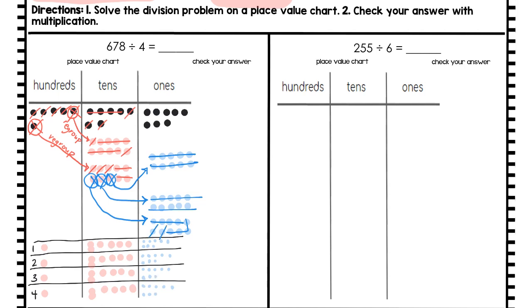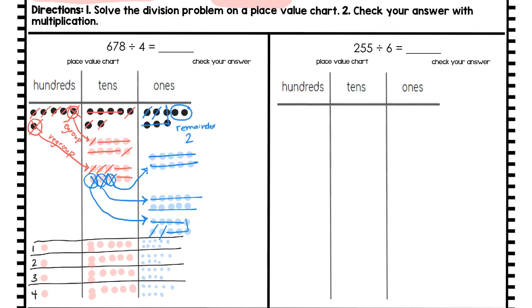I have 6 left, so I can do another group of 4. 1, 2, 3, 4. I have these 2 left over in the ones place. Those are called remainders. So I have a remainder of 2.